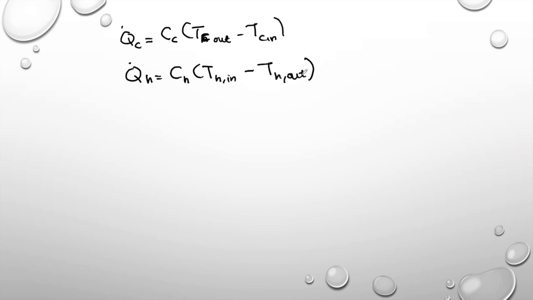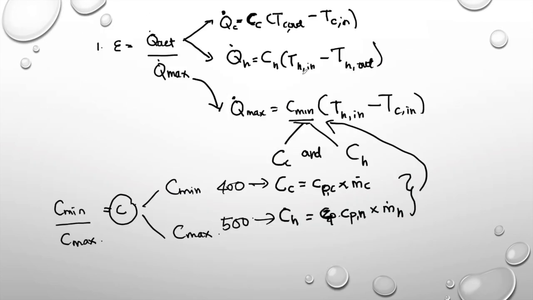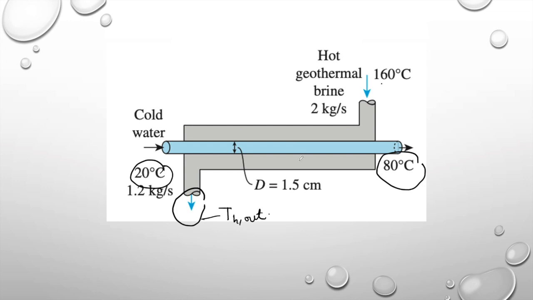So we have these two equations to calculate the actual. Let's take a look at this figure. Which outlet temperature is not given in the question? The geothermal water, which is the hot fluid.